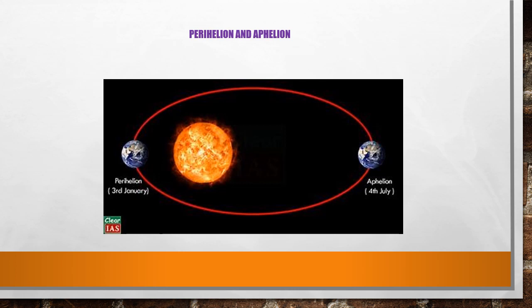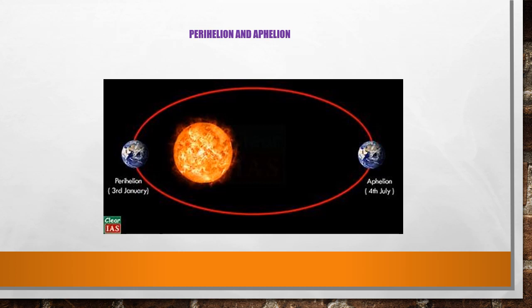So perihelion is a time of the year when the Earth is closest to the Sun. It occurs every year on 3rd January and the distance is 147.3 million kilometers.